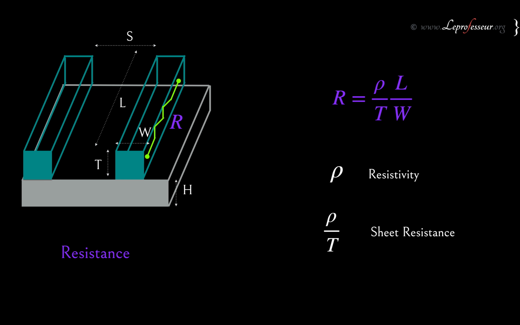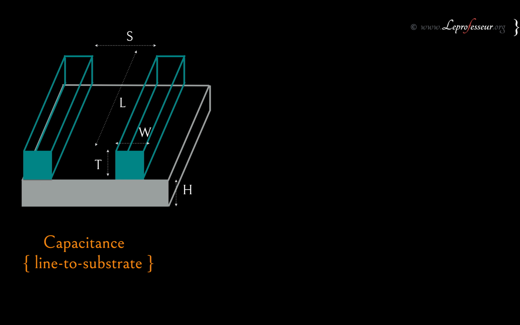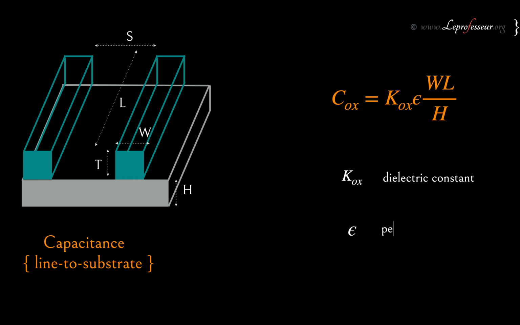Good. Now let's talk about the capacitance. We have talked about the resistance. Now we have the capacitance between the line and the substrate.